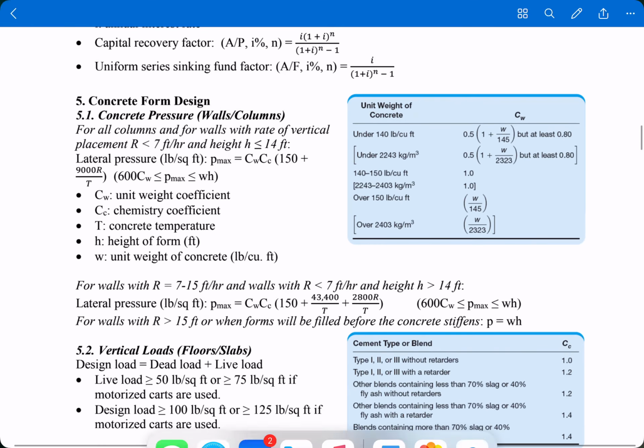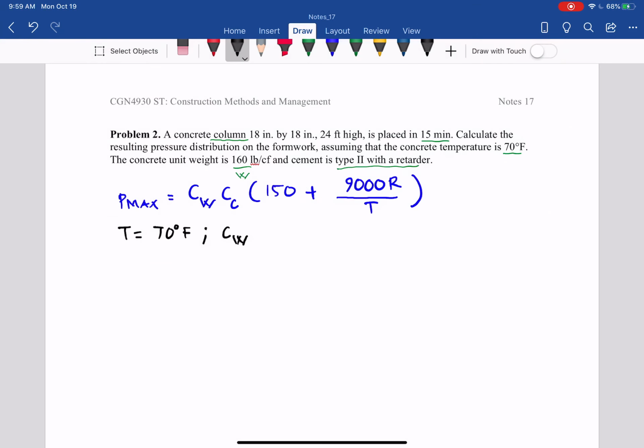With W equal to 160, divided by 145, you get that equal to 1.1.